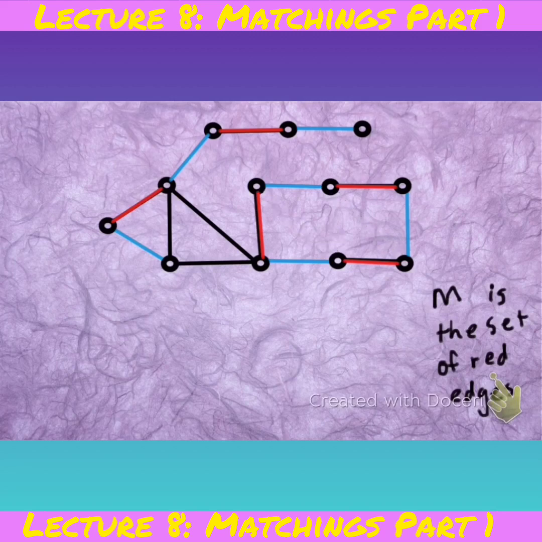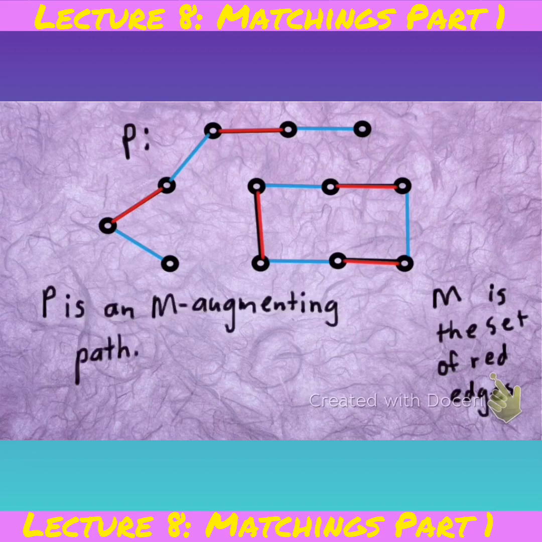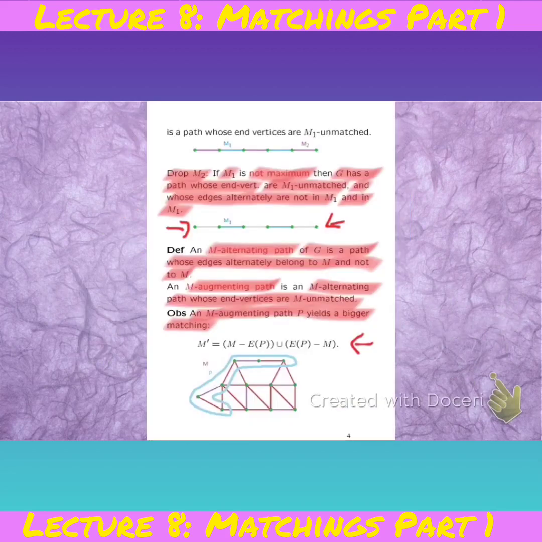The blue ones we still treat like black edges, but we're not going to delete them, otherwise it's not going to be a good illustration. So remember, we got this path in this cycle. Now, if you investigate this, that is a path P. This path is an M augmenting path.